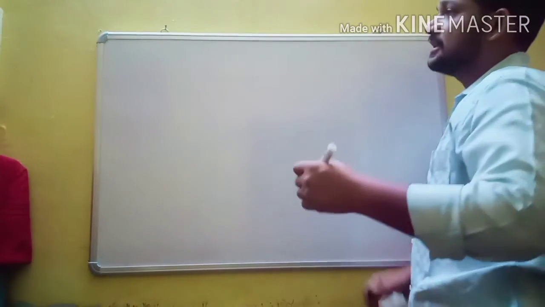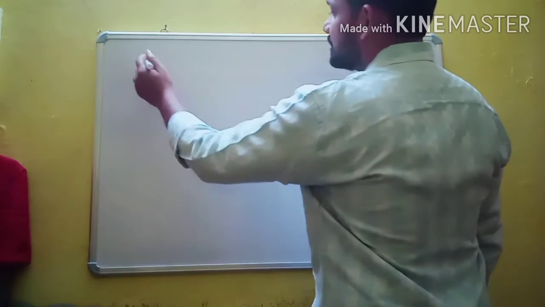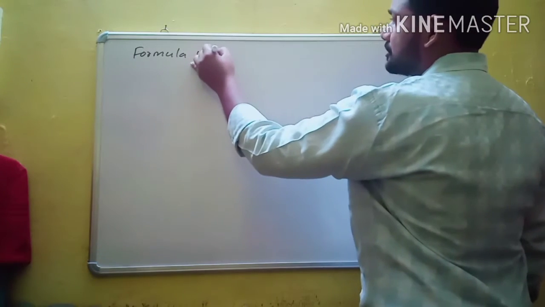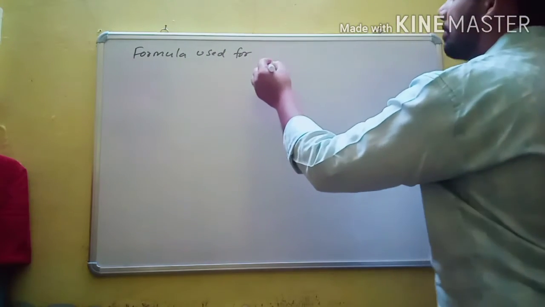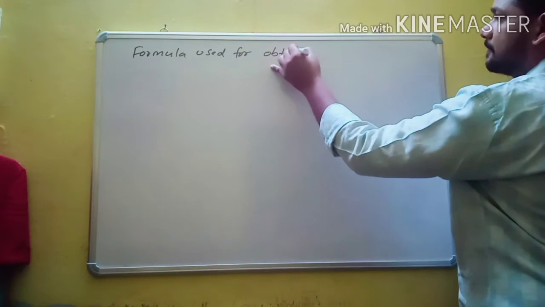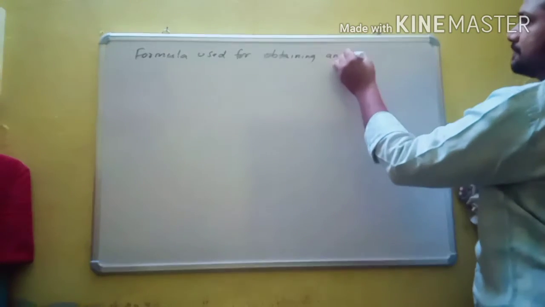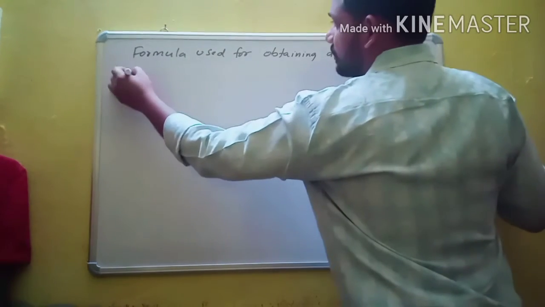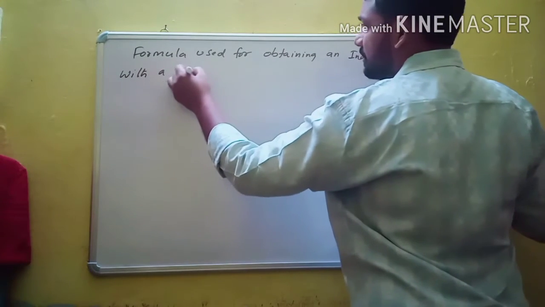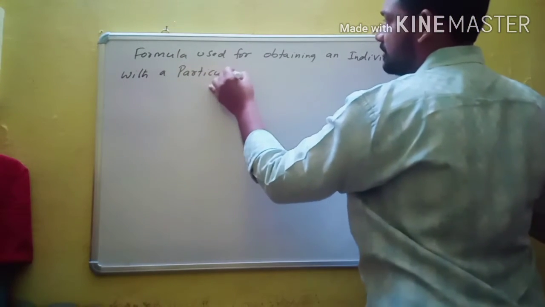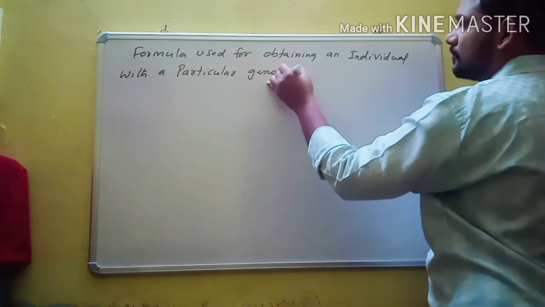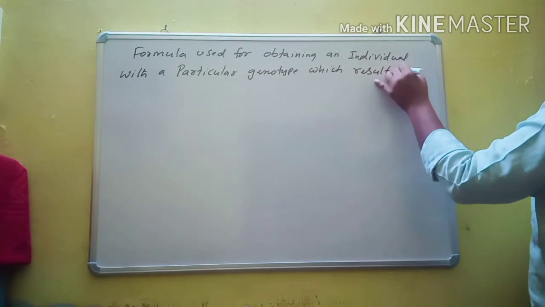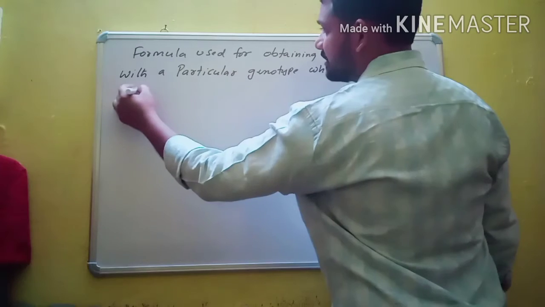And one more shortcut technique is the formula used for obtaining an individual with a particular genotype which is a result of heterozygous parents.